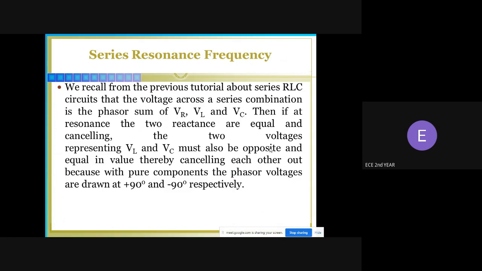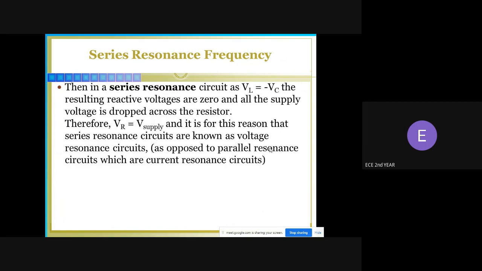Then if at resonance the two reactances are equal and cancelling, the two voltages VL and VC must be opposite and equal in value, thereby cancelling each other out, because with pure components the phasor voltages are drawn at plus 90 degrees and minus 90 degrees. Then in a series resonance, the circuit has VL equal to minus VC, the resulting reactive voltages are zero, and all the supply voltage is dropped across the resistance.